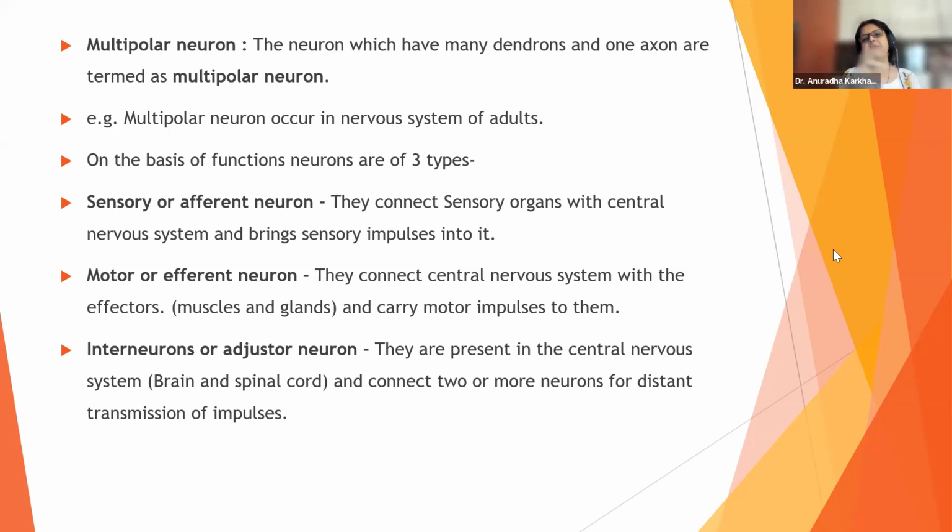So just like passing the parcel, the impulses need to be passed from one to the next. These adjuster neurons carry out this passing the parcel of the impulses. Simple. Sensory, motor, adjuster. All 3 understood? Any difficulty, beta? Clear?